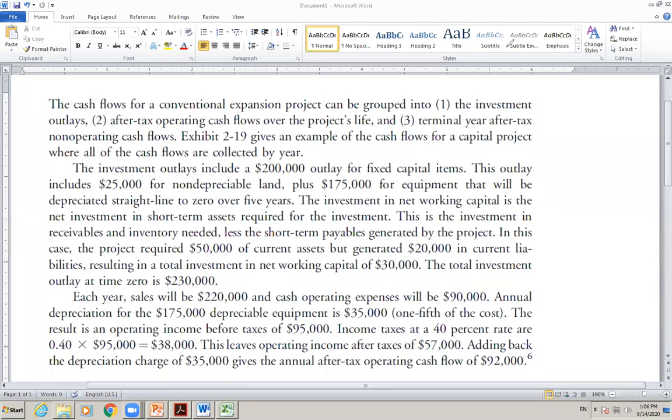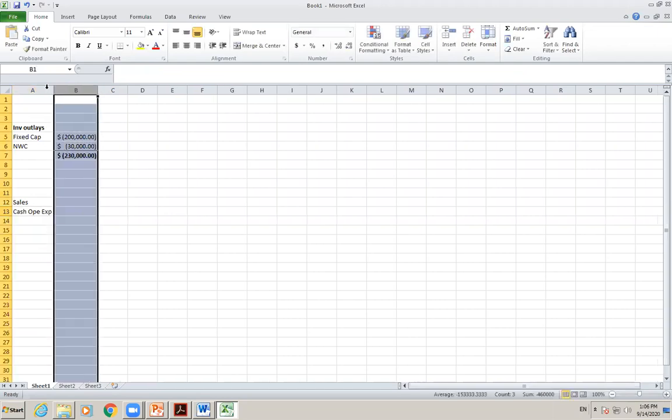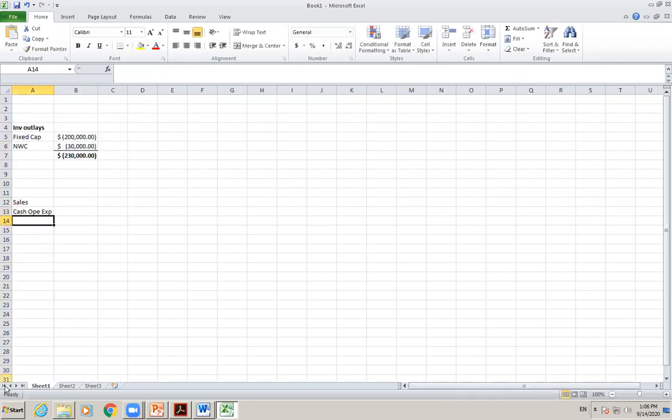So I have sales here, I have cash operating expenses, and on the other side I have depreciation. We said that our sales is going to be 220,000 every year.